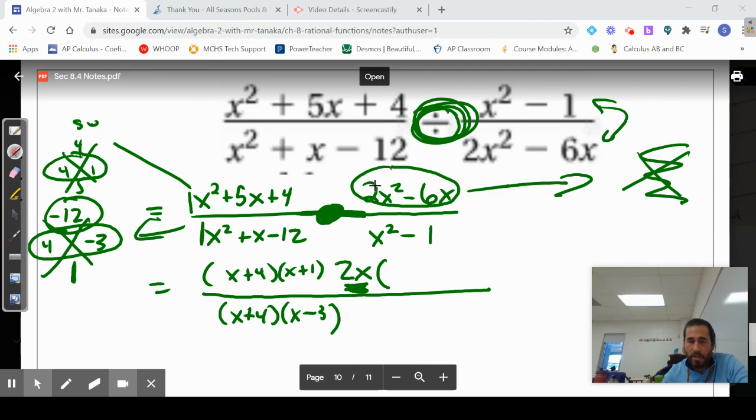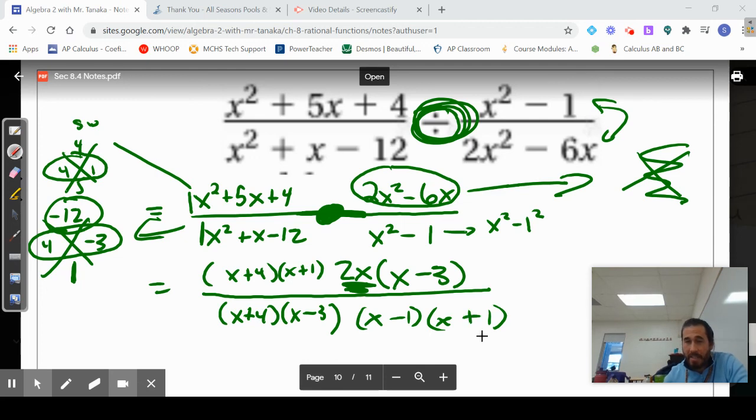Factoring out is like division. 2x squared divided by 2x is x. Negative 6x divided by 2x is negative 3. And on the bottom, x squared minus 1 squared is a difference of squares, which means 2 parentheses, an x and an x, a 1 and a 1. One of them has to be a minus and one has to be a plus.